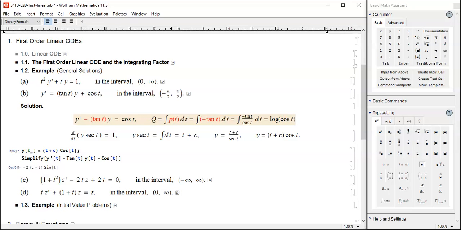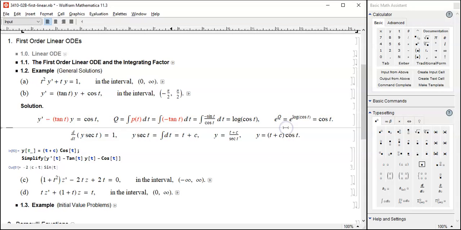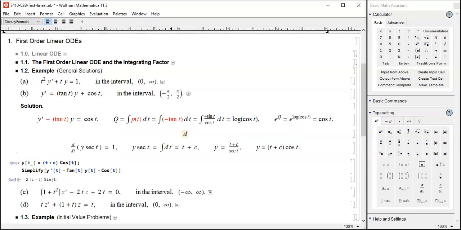Not log of secant, log of cosine. So the integrating factor is e to the q, so e to the log of cosine, and that is cosine of t, not secant, it's cosine. So all these are wrong, so let's do this in the right way.